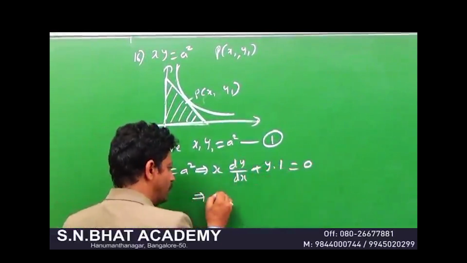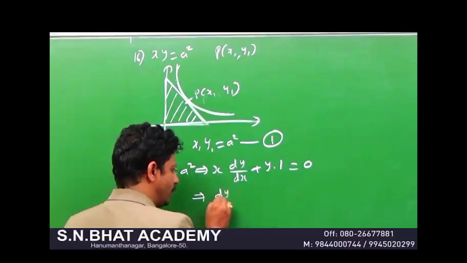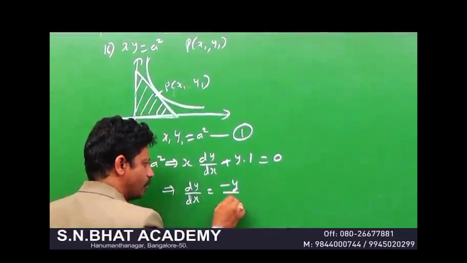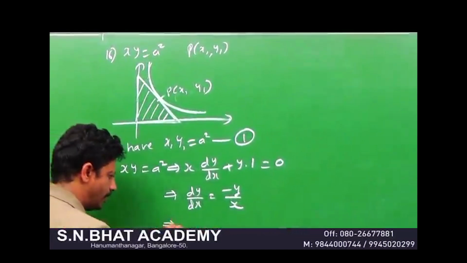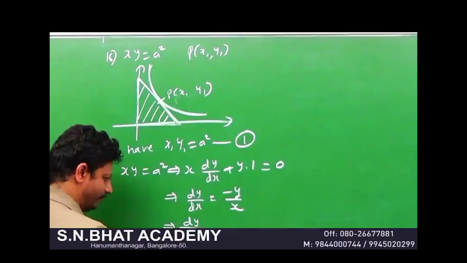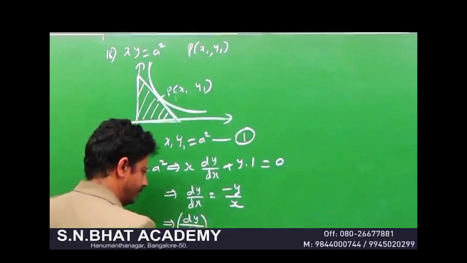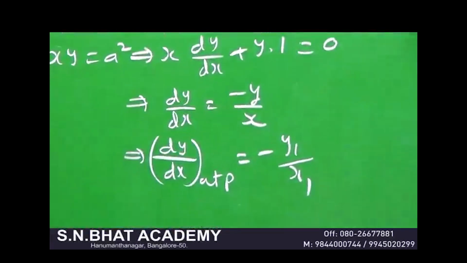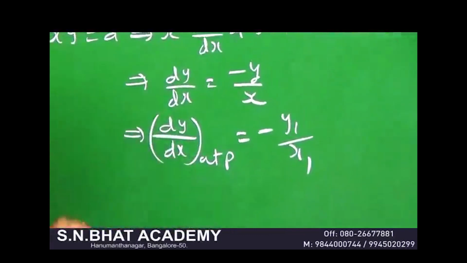So dy by dx is minus y by x. So dy by dx at P is equal to minus y1 by x1.